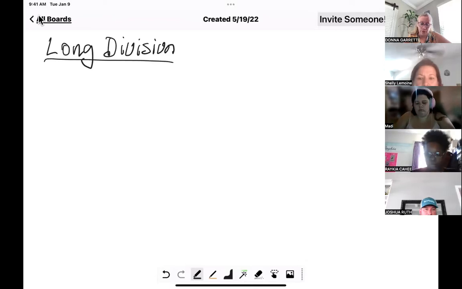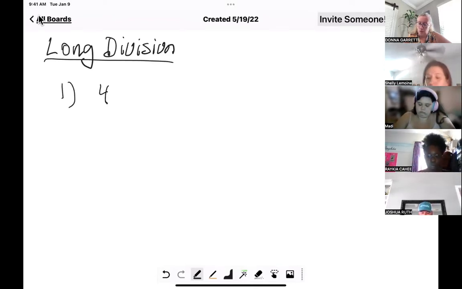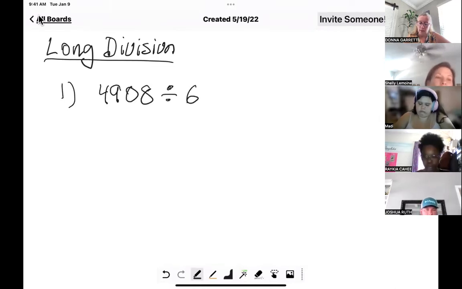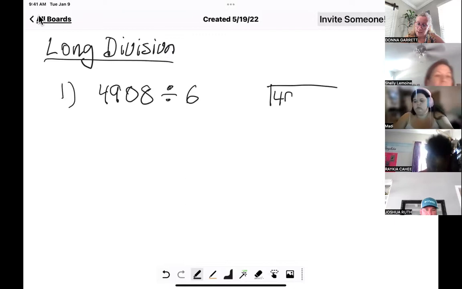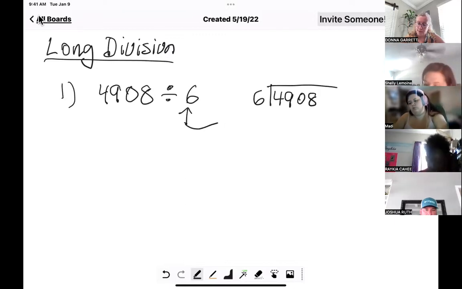Okay, so let's do one example together. I'm going to write it out as not a long division, and then I'm going to write it as long division. 4,908 divided by 6. So whatever you're dividing by goes on the outside.